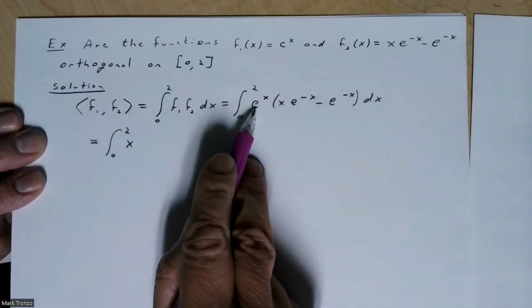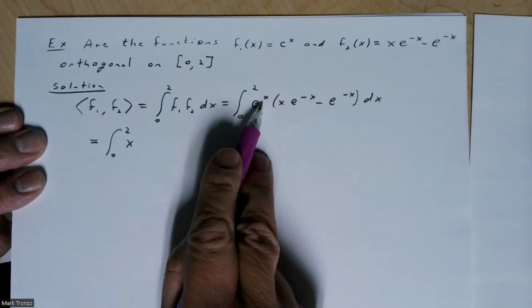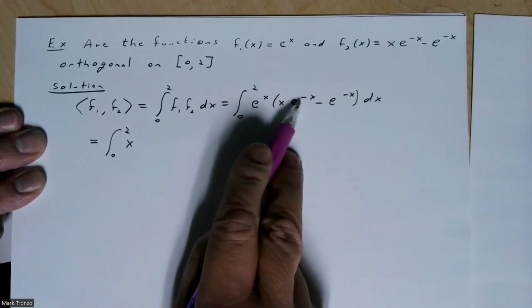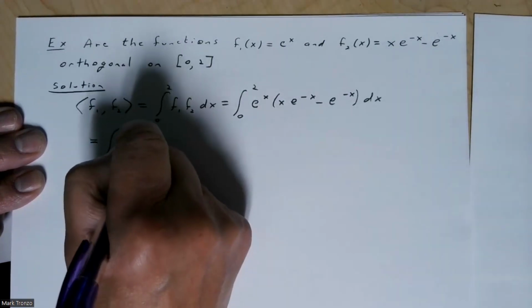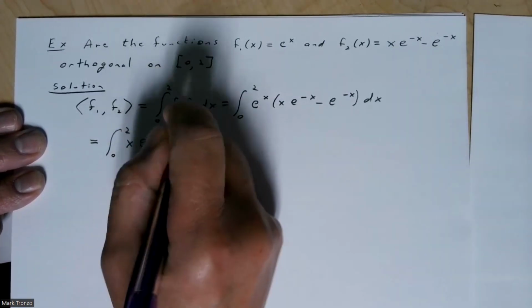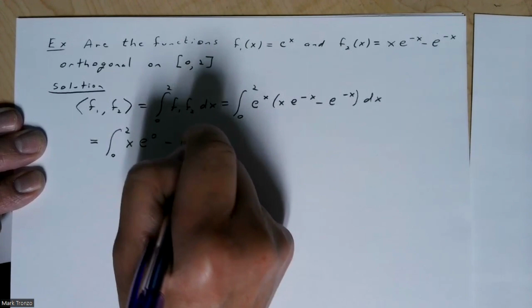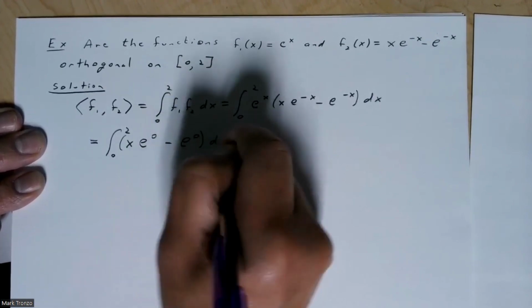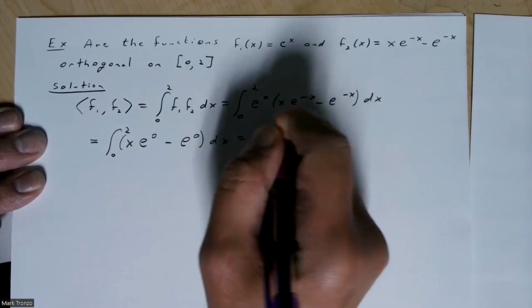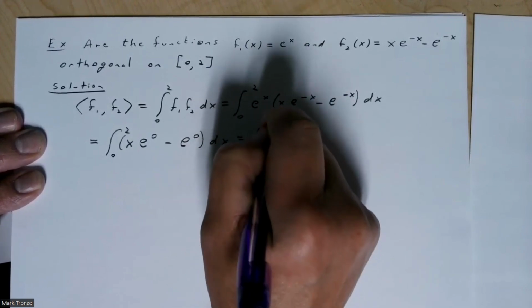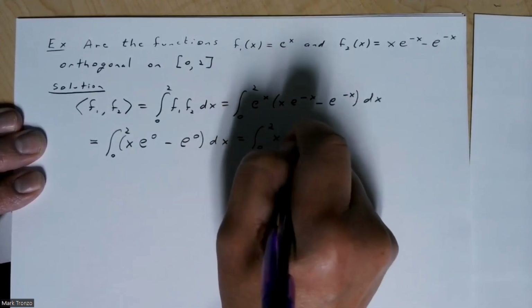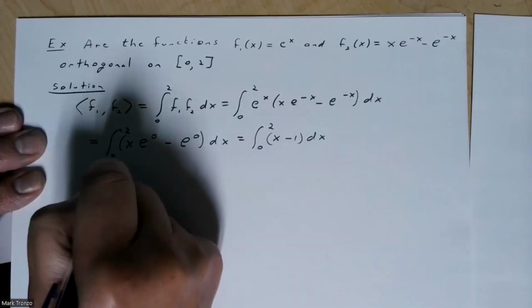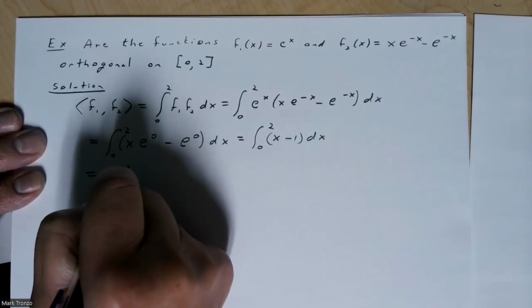Now, when we multiply these two together, we're going to have e to the x times e to the minus x. So we add the exponents, we'll end up getting e to the 0, minus e to the 0 over here as well. And so that's going to be the integral from 0 to 2 of x minus 1 dx. Integrate that.